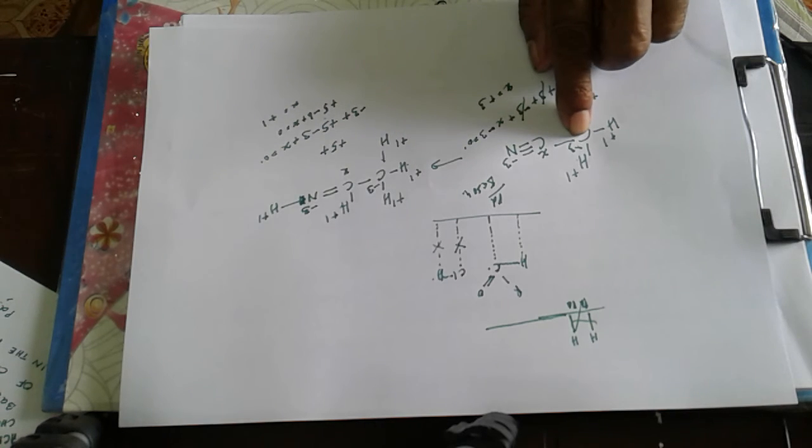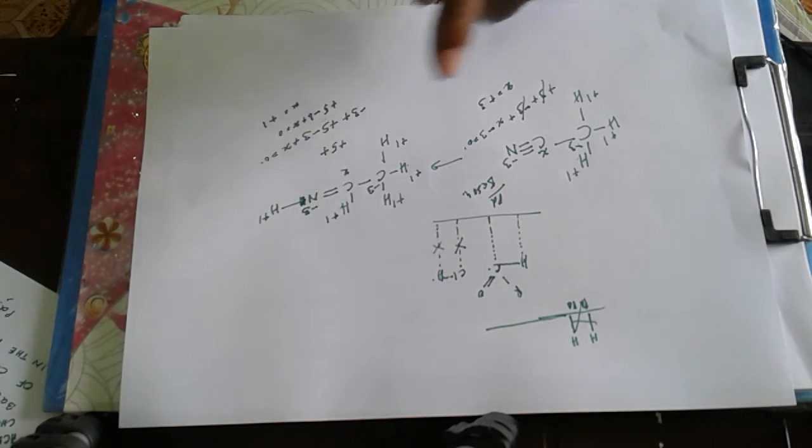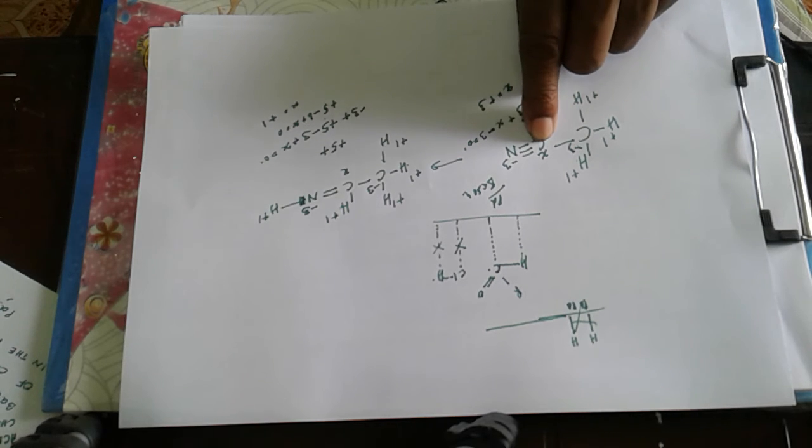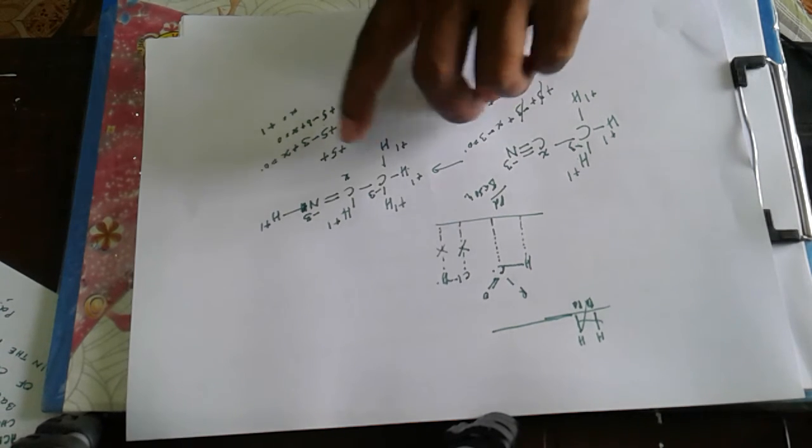So if the cyanide is reduced to an imine, the oxidation state of this carbon changes from +3 to +1.